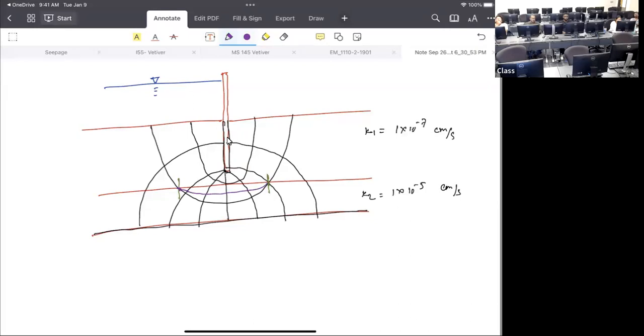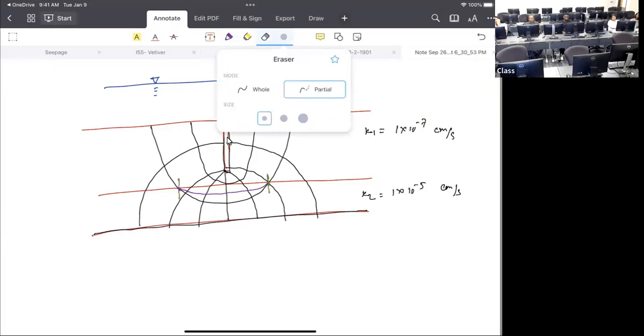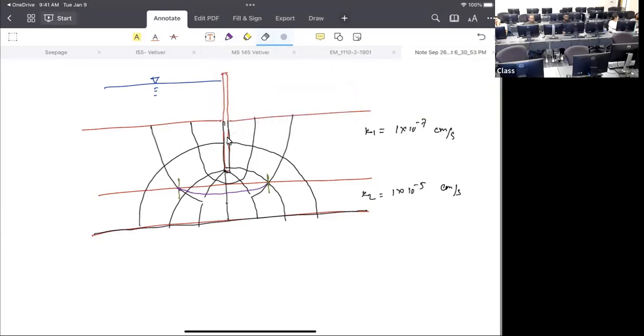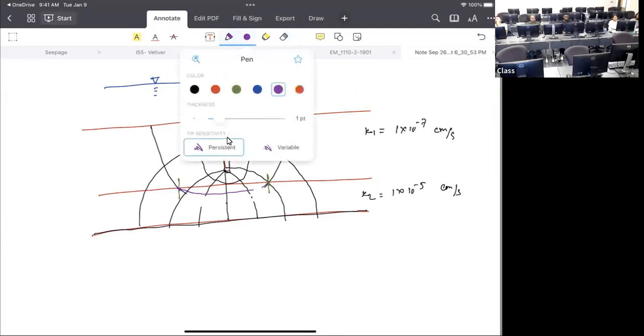Now, if this angle is changing, what will happen here looks pretty much like this.